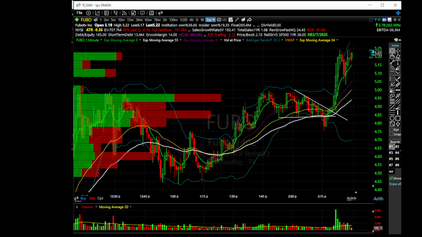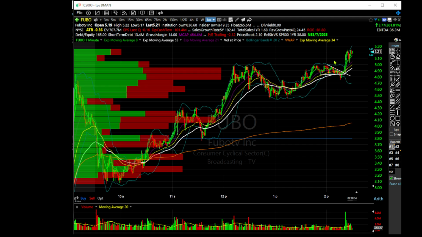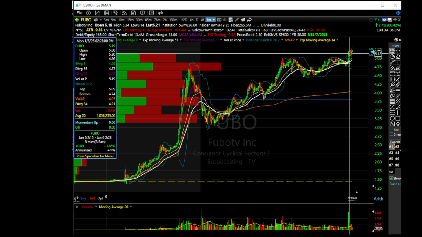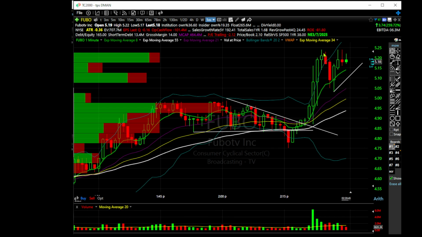So what I mean by that is like on Fubo, if for whatever reason I'm like, all right, Fubo's flagging out here on the 30 minute. Now it looks like it wants to go get 550, and I play like an ascending triangle up here, right? That needs to be its own trade, even though I'm still holding some Fubo from this five break or whatever, right?